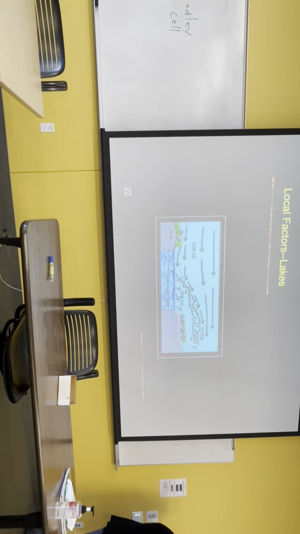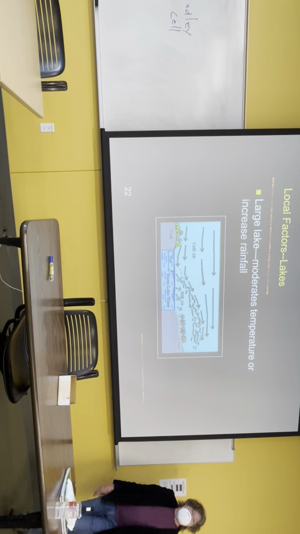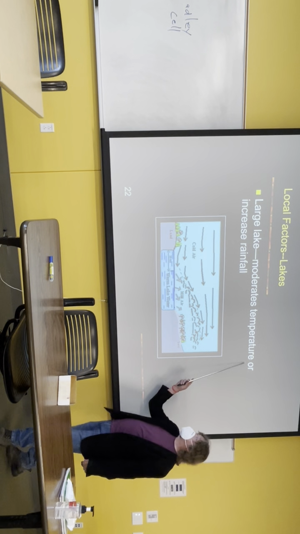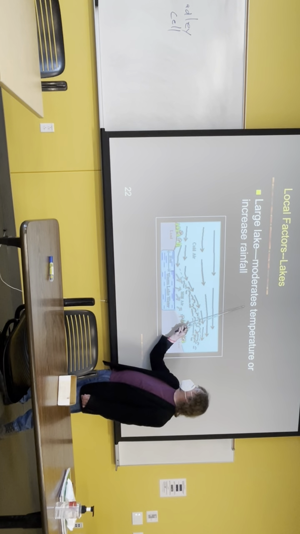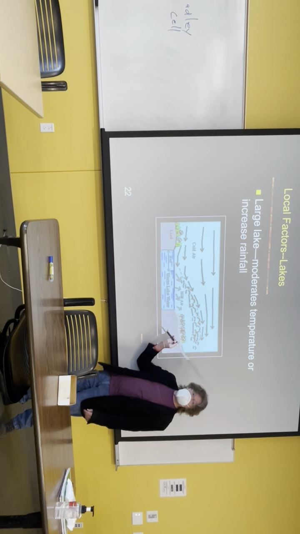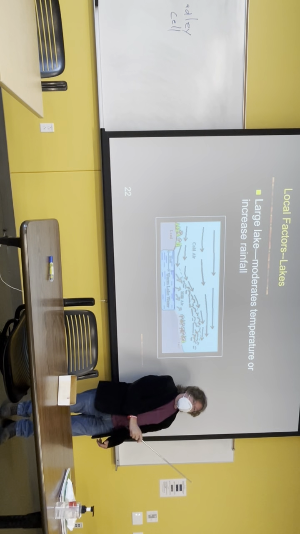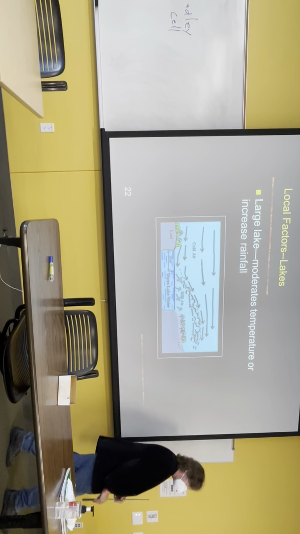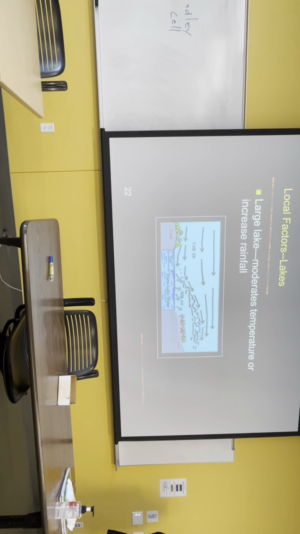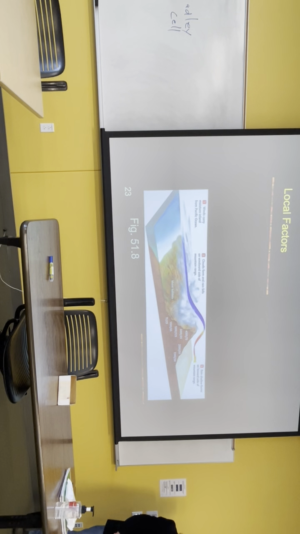So large lakes can moderate the temperature, but they can also increase the rainfall downwind from where the lake is. So these local factors have some influence.